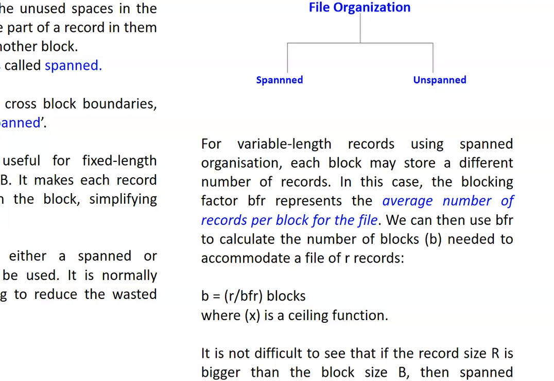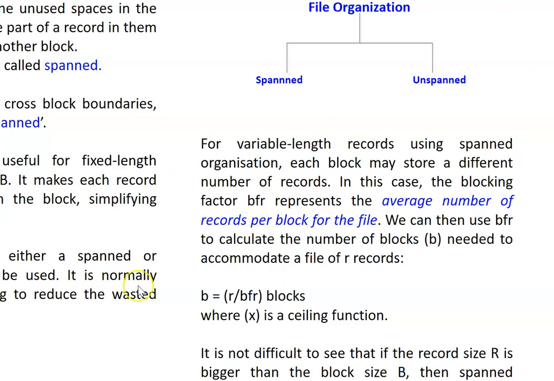Now, the other big R was the record size, in other words, the length of the record, that is the big R. And the small r is the number of records that can be stored in the file.